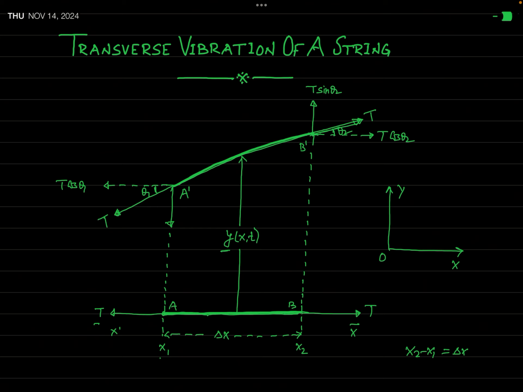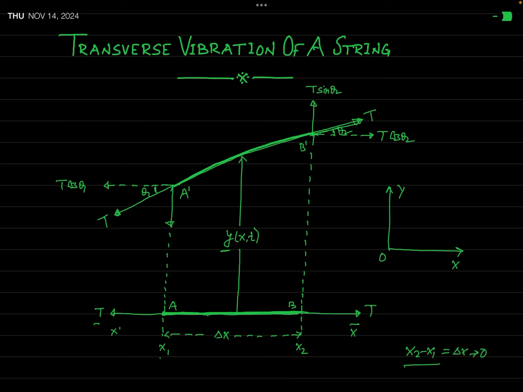And in this calculation, you will also see that we will make an approximation that this delta x tends to 0, so that this element AB just behaves like an infinitesimal element, or you can say just as a particle. Okay.